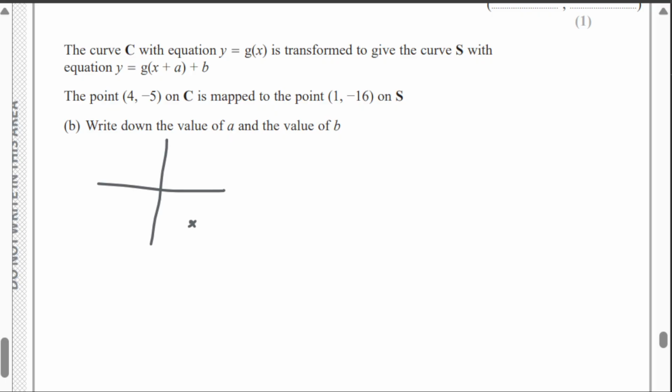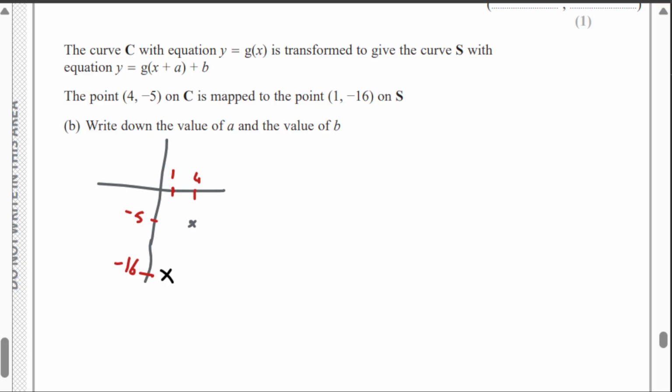So we did some transformation, and this point moved to come to 1 and -16, so it moved here to 1, and -16 is way down there. So the point moved from here to here. You get it? This is what the question is saying.